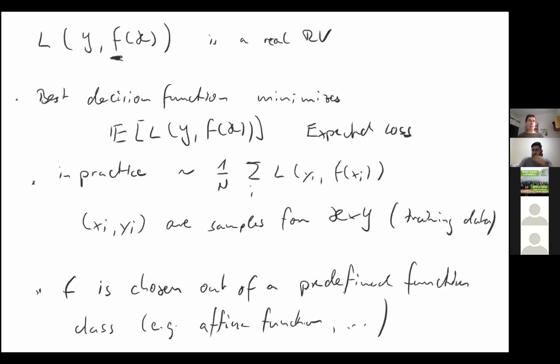The larger the class is, the better we can minimize the expectation error. This is somehow clear, but also the more complex it will be to find this function. So it's always a trade-off.